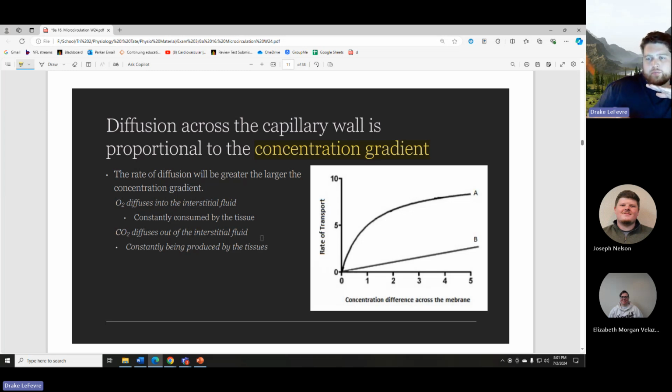The capillary has a bunch of hemoglobin holding a bunch of oxygen, so it's constantly offloading and pushing oxygen across into the tissue. Whereas CO2 is being produced by the tissues, so there's a bunch of CO2 constantly in the tissue, and it's going to push back the opposite way into the capillary to get taken to the lungs and breathed out. So, the more stuff you have on one side, the more stuff is going to move.